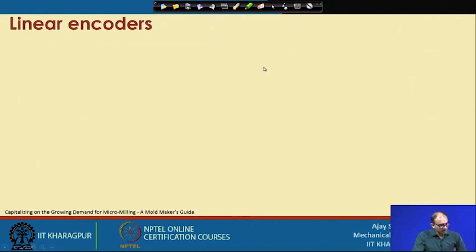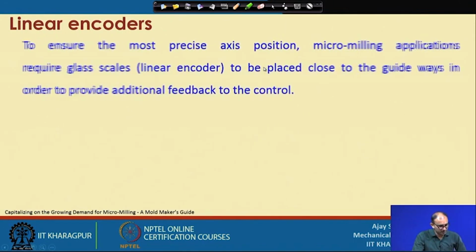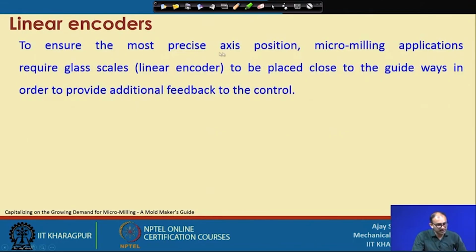Right. So, now let us go to the linear encoder. What are the linear encoders? To ensure the most precise axis position, micromilling applications require a glass scale, called a linear encoder, to be placed close to the guideways in order to provide additional feedback to the controller. Right.